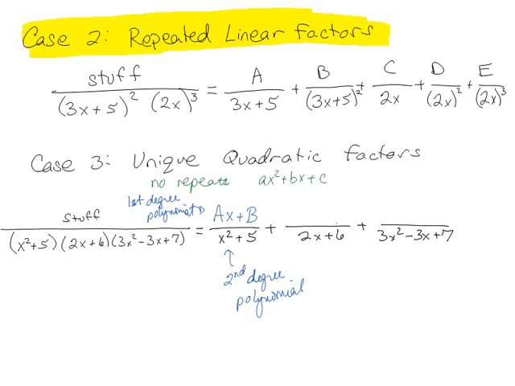Then we go to the next one, 2x plus 6, so we can go a little bit more basic here. This is a 1st degree polynomial, so we're just going to put a constant on the top. Now over here, we have another 2nd degree polynomial, so on the top we go dx plus e. Now it's just a case of actually solving for the constants, the unknowns.